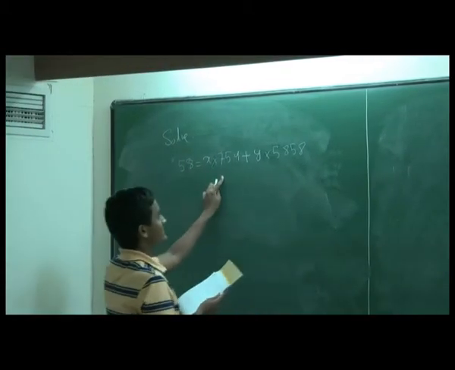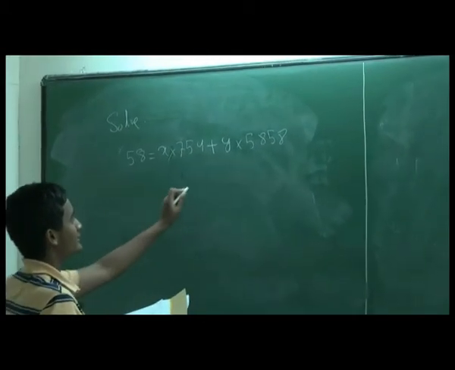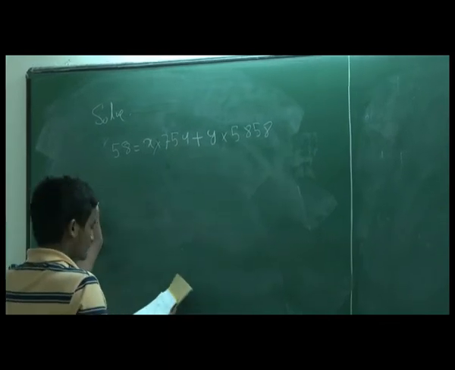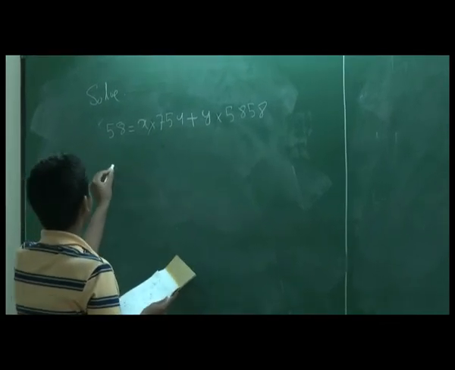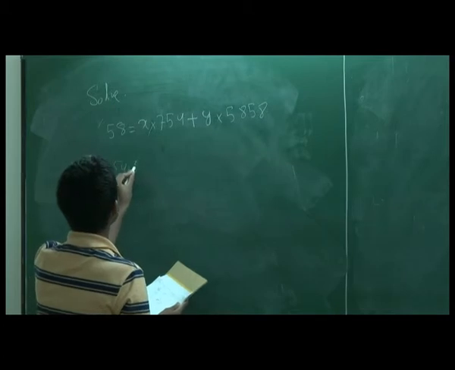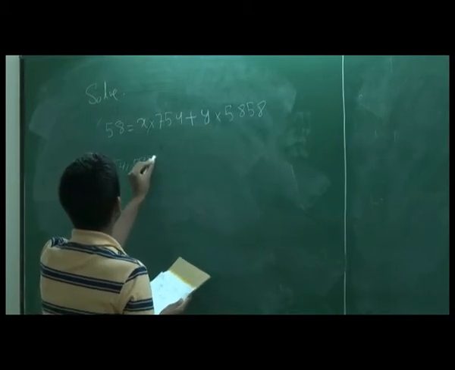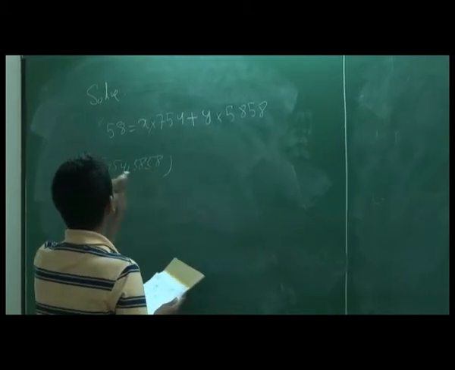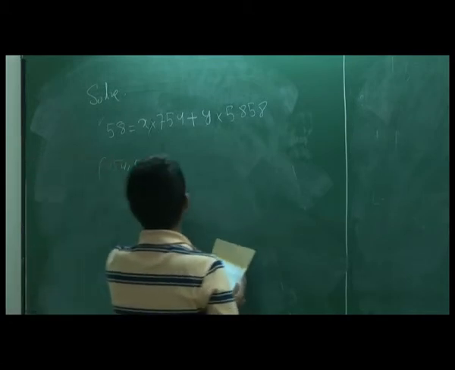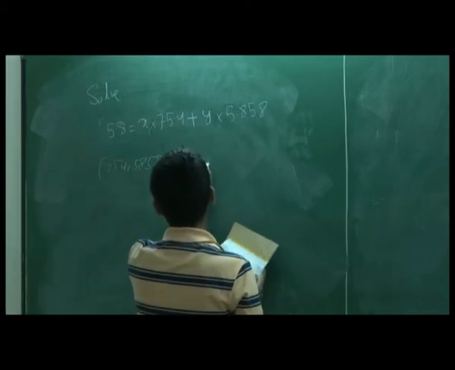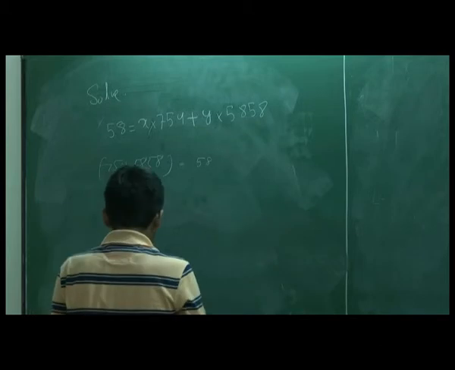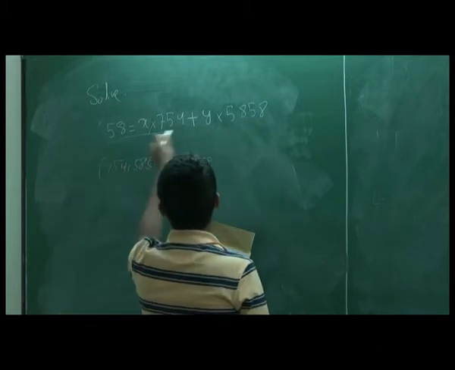So we have over here 58 is equal to x into 754 plus y into 5858. So you find the GCD of 754 and 5858. We get the GCD of 754 and 5858 is equal to 58 using Euclid's algorithm. After that, we divide this whole equation by 58.